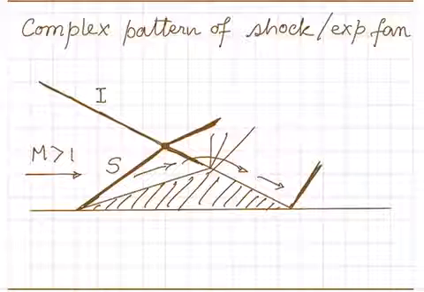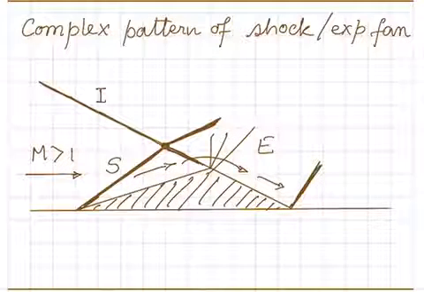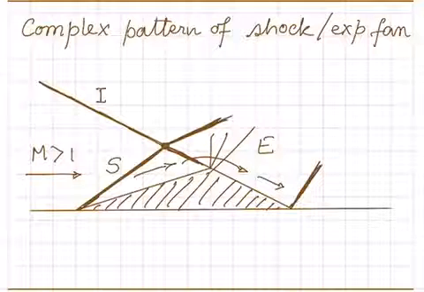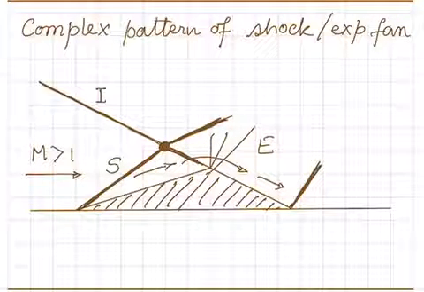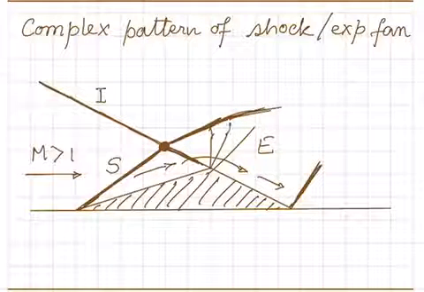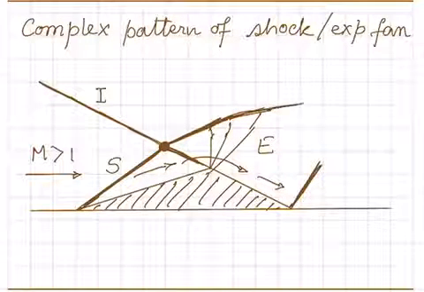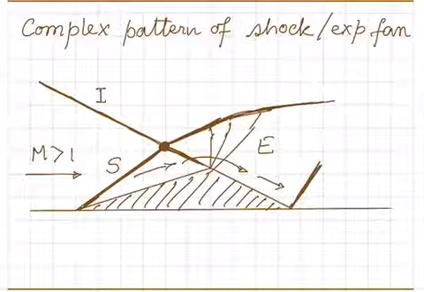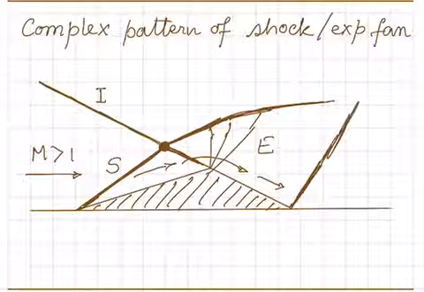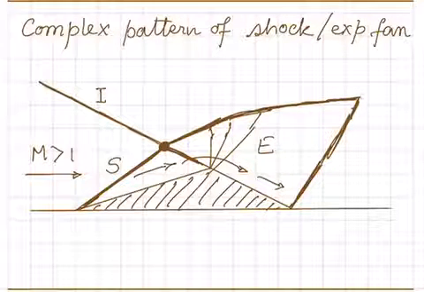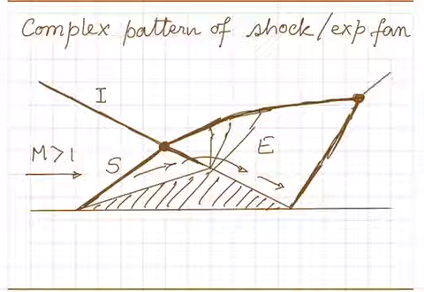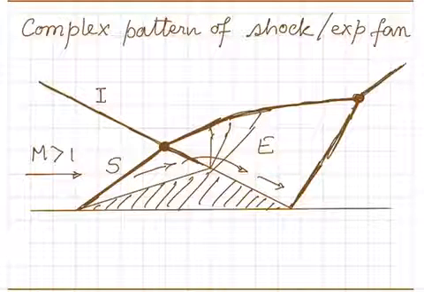Now the expansion fan E interacts with the shock that is generated from what is called a triple point here, and that curves this shock wave. And it intersects with the reattachment shock. One more shock-shock interaction, which generates the reflected shock.